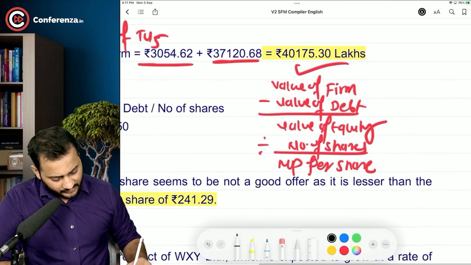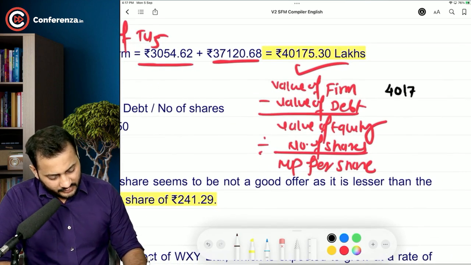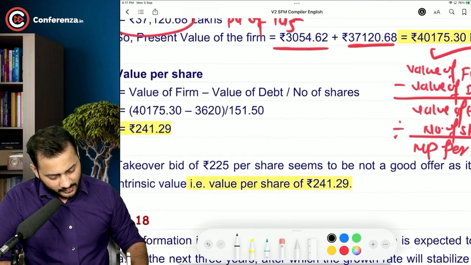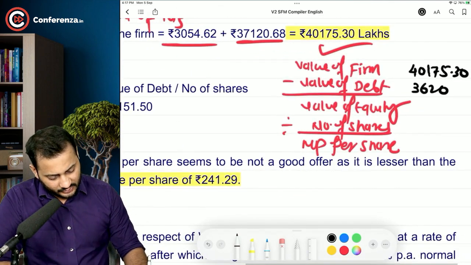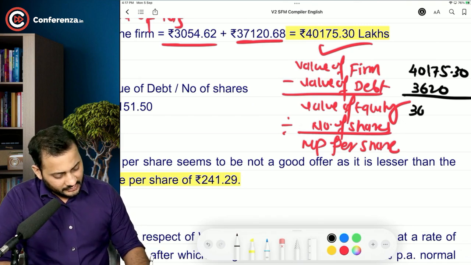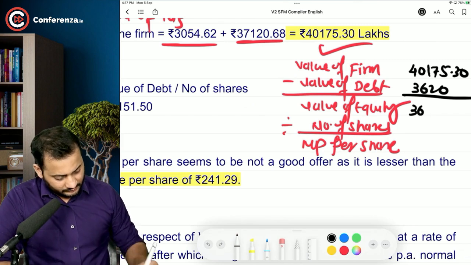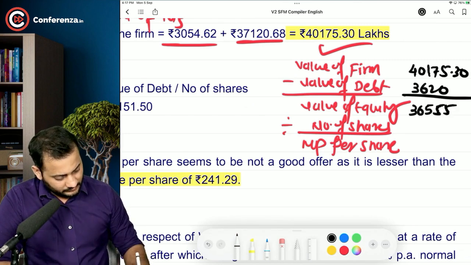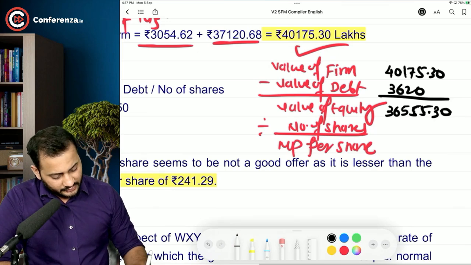So you can make a format like this: 4175.30 less 3620, that's 36,555.30.